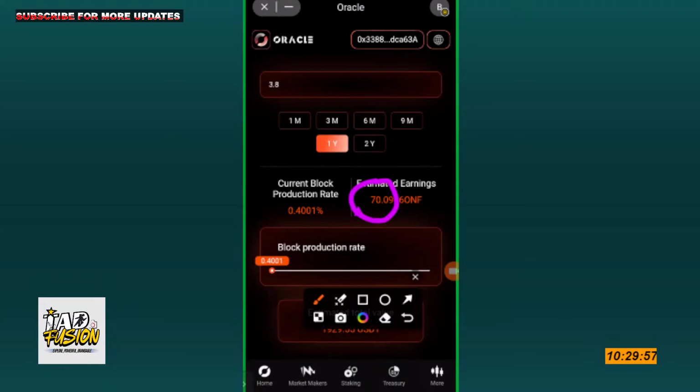But what was my starting coins of ONF? My starting coins were 3.8 coins of ONF. After 1 year, my coins are going to accumulate to 70.